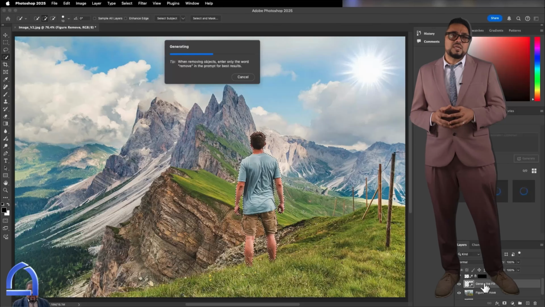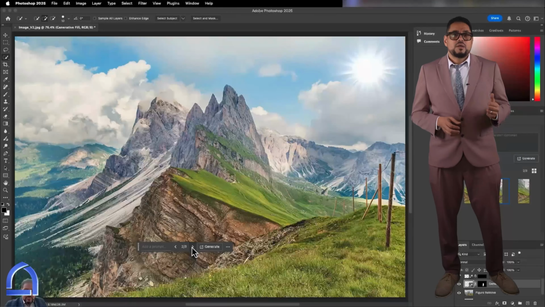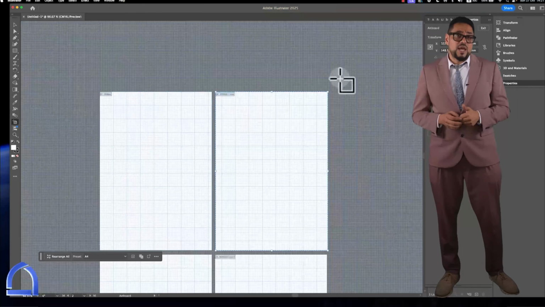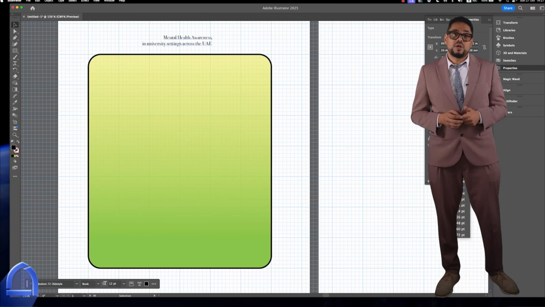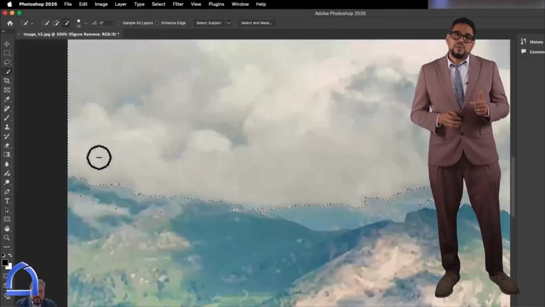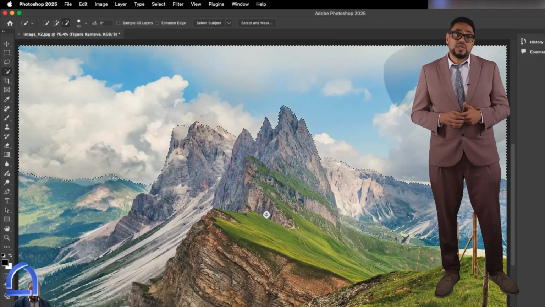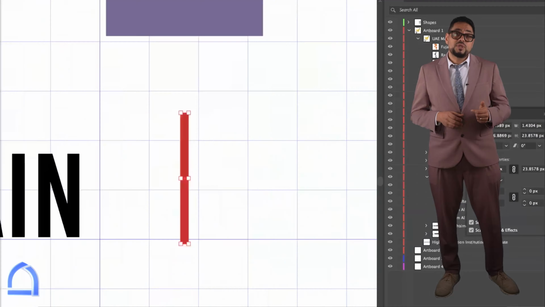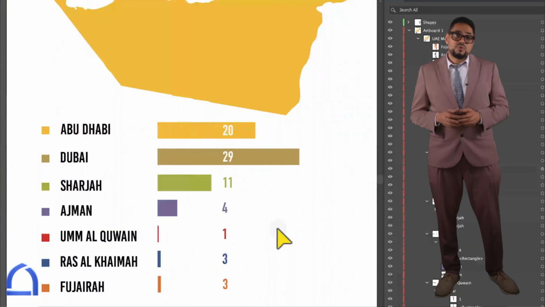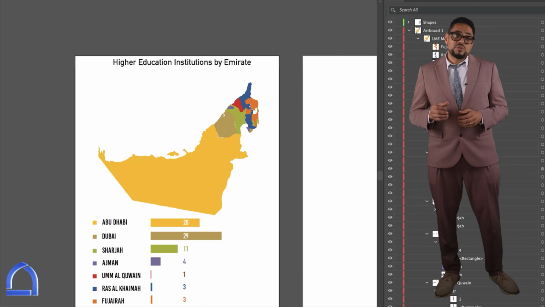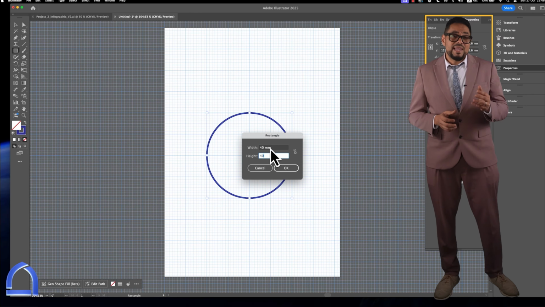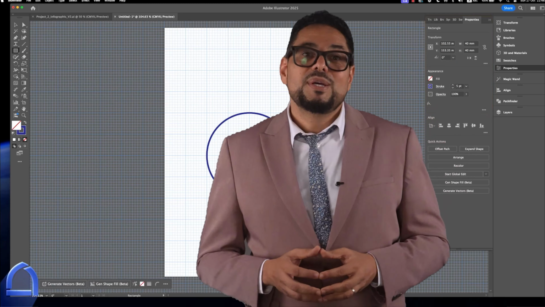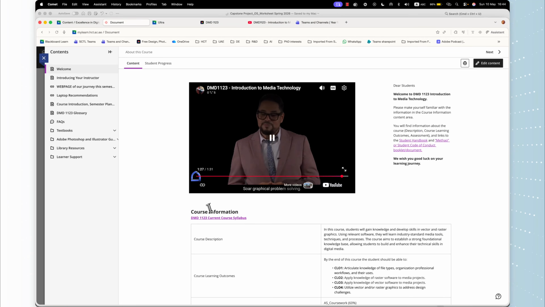The competencies and skill sets are: articulate professional file types, workflows, and organization, apply Photoshop for raster projects, Illustrator for vector graphics, use input devices and manage digital projects in creative labs, and lastly, solve design challenges through graphical problem solving.